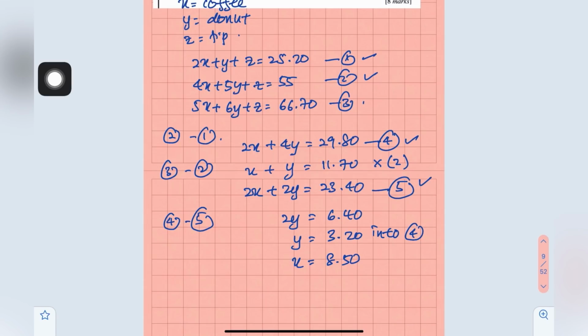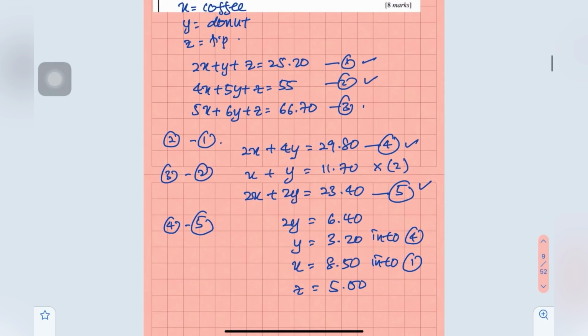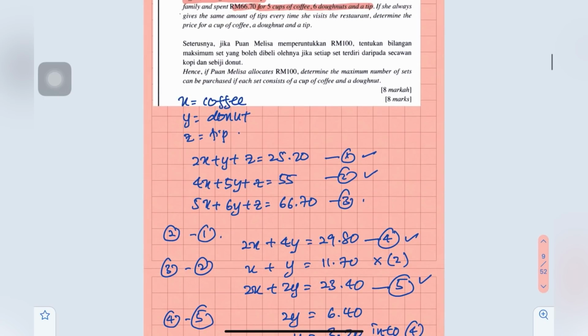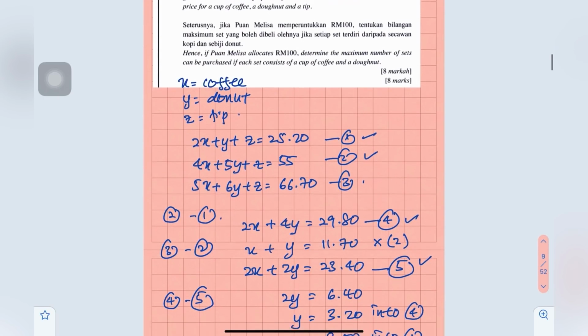Yang mana senanglah, katakanlah into 1. So you all masukkanlah, you all cari sendiri. So this one nanti dapat z equals to RM5. Okay. So jangan biar macam ni. So kena tulis lah. Dia tanya kan. Dia tanya apa tu? Dia kata a cup of coffee. Dia tanya price. A cup of coffee, a donut and a tip.